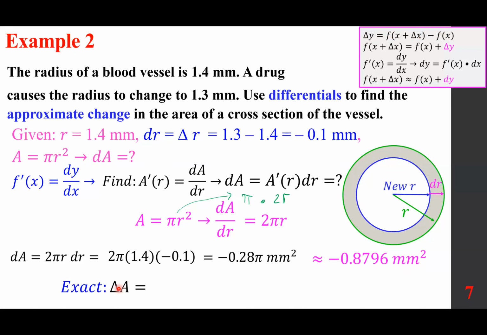So what would be the exact change? Anybody? Can we find the exact change in the area instead of an approximation?